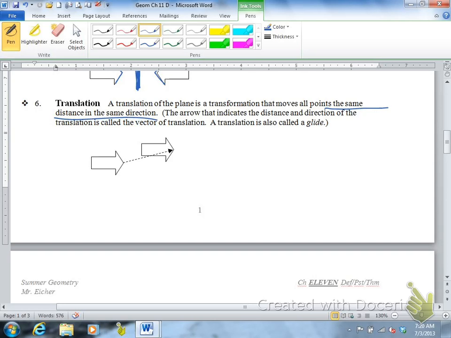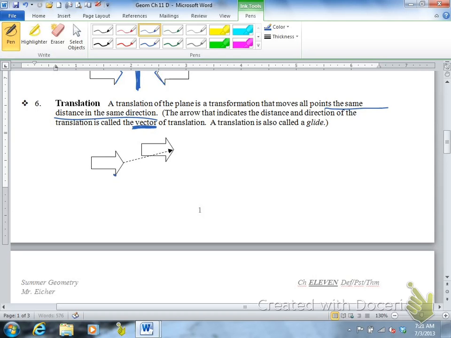The arrow that indicates the distance and direction of the translation is called the vector of the translation. A translation might also be called a glide. You can kind of imagine the arrow gliding to a different position. This is another example of isometry. The arrow is the same shape and size. It's congruent to itself. It's just changed positions.